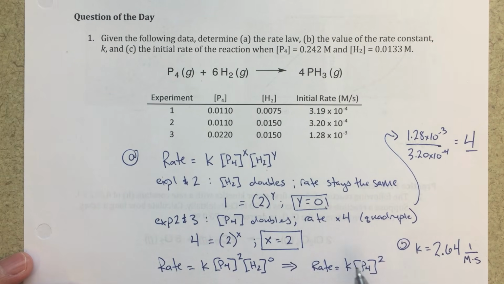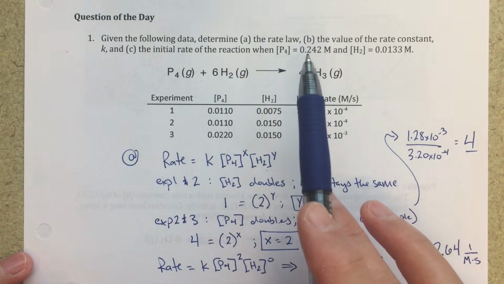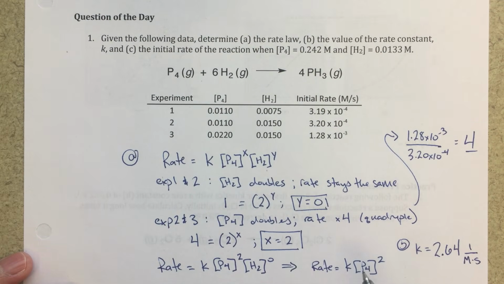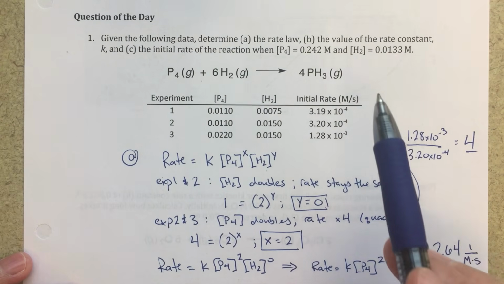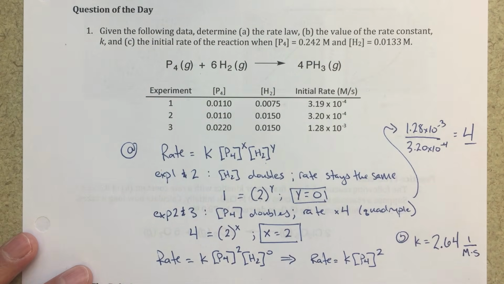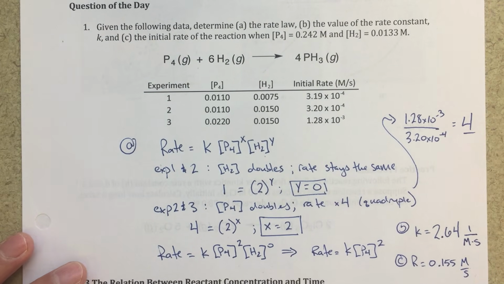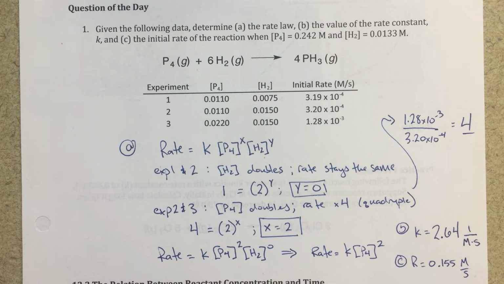I've got a k value here, I've got an initial concentration of P4 here, I'm going to plug that in right here, and solve for the rate. Again, this H2 concentration, because it's zero order, really doesn't matter. So when you do that, for part C, you should get a rate equal to 0.155 molarity over second. So that should be your rate for that reaction.